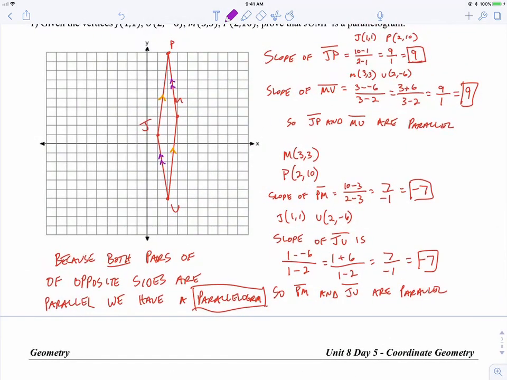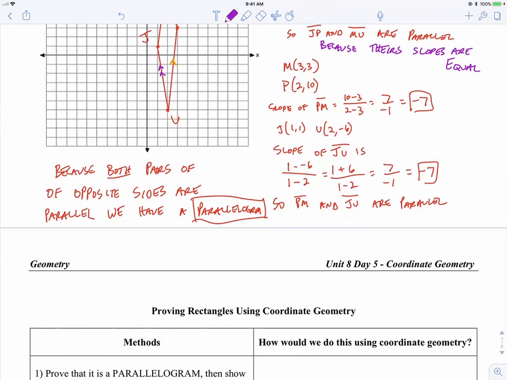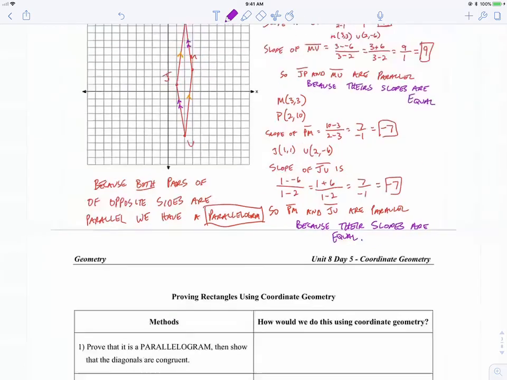So JP and MU are parallel because their slopes are equal. You need to say that. I forgot to mention that. PM and JU are parallel because their slopes are equal. If you want full credit on the take-home assessment, you need to be writing these statements.